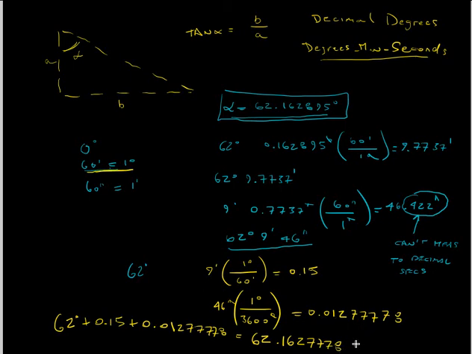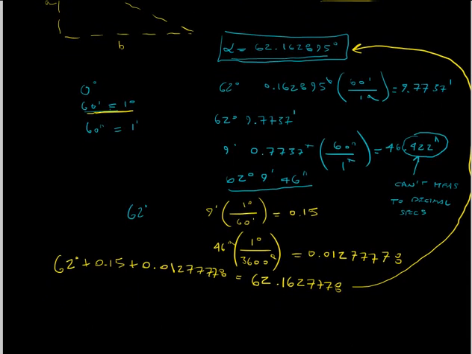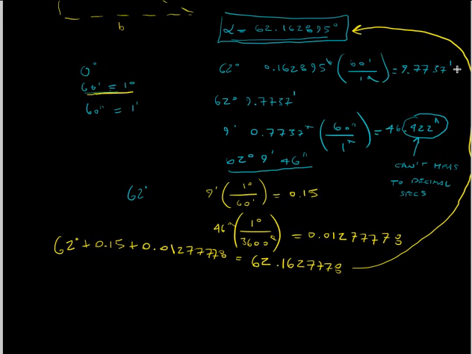We were supposed to get this number here, but we're a little different. But that's because there were these decimal seconds in here. That's going to change it a little bit, going back to decimal degrees. Let me just make sure I did it correctly on my calculator.